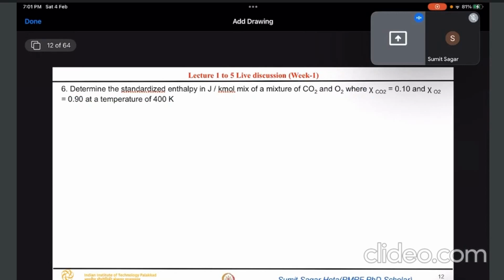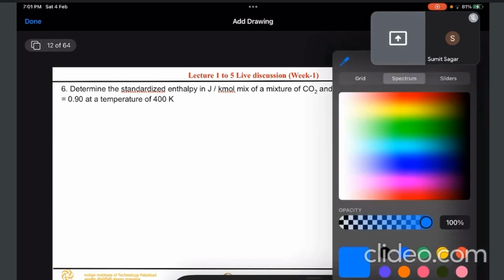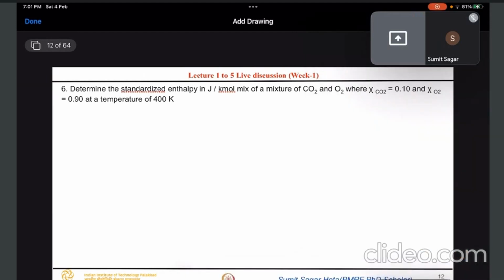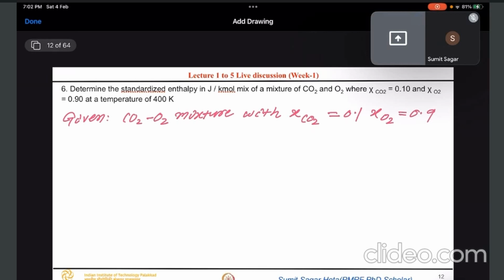Now in this question we have to see what things are given. A CO2 O2 mixture with X of CO2 given 0.1, X of O2 given 0.9, and T given 400 Kelvin.